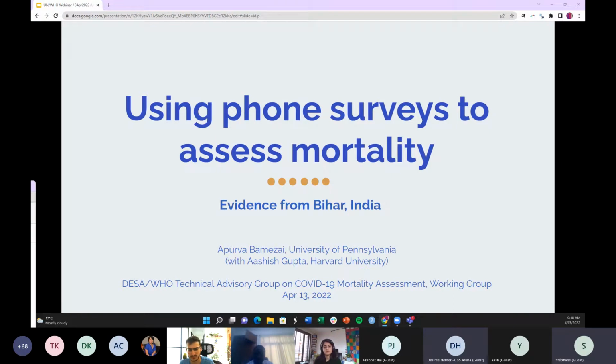Apurva is a researcher working in development research and the public policy space, and her interests are in social policy and economic research, quantitative analysis, mixed methods, impact evaluation, and process assessment. She researches primarily government programs in India, focusing on service delivery of social interventions. So, Apurva, the floor is yours.